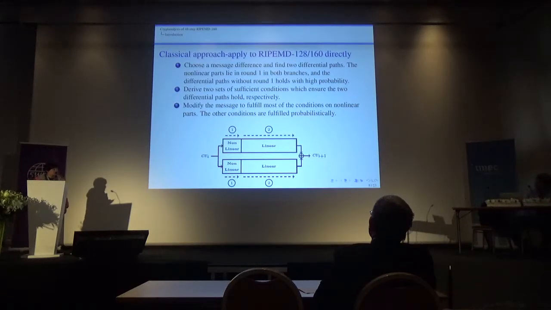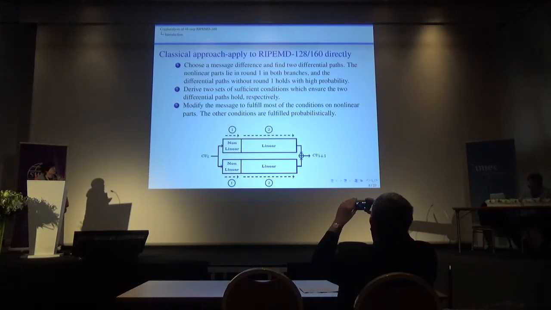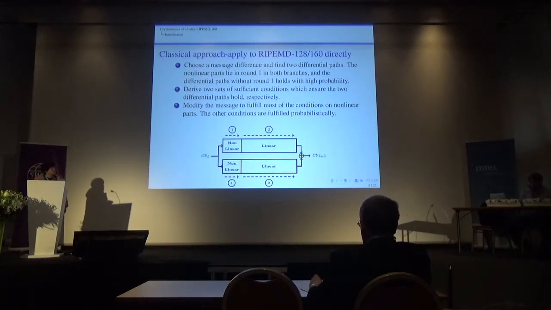If applying the classical approach to get collisions on MD hash functions, the first step is to get 2 differential paths, for the right branch and the left branch. Then derive 2 sets of sufficient conditions which ensure the 2 differential paths hold.